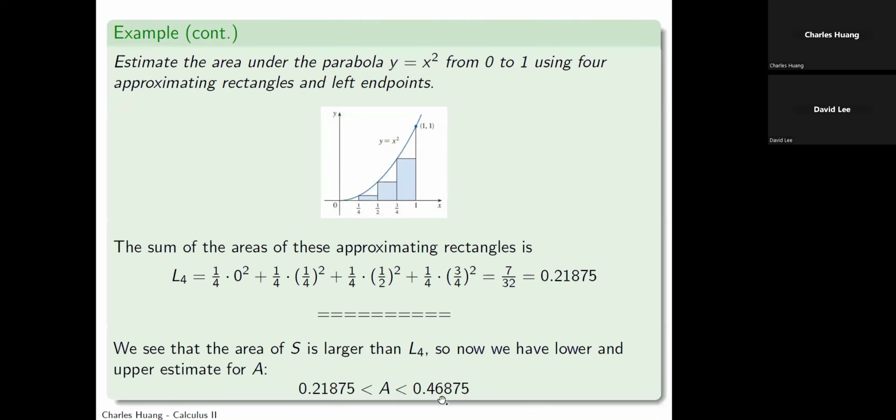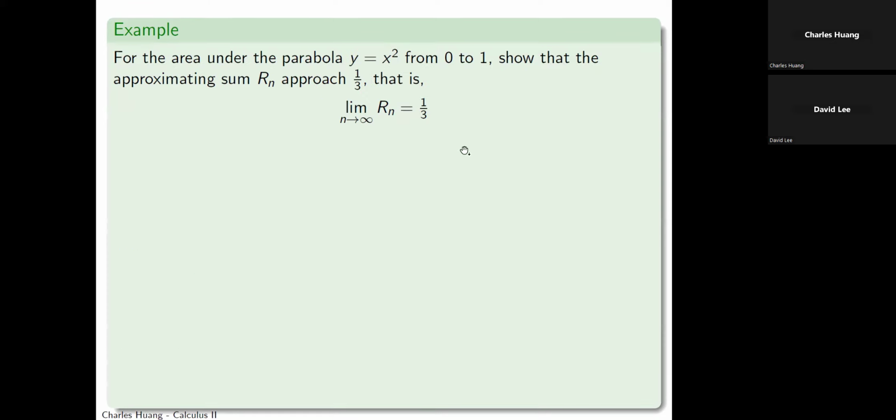So you notice what we have done before. We have gotten two numbers using the two different endpoints, the right-hand side and the left-hand side. And we found that it's somewhere between 0.2 and 0.446. Now we're telling you that the real answer is 1/3, 0.333.